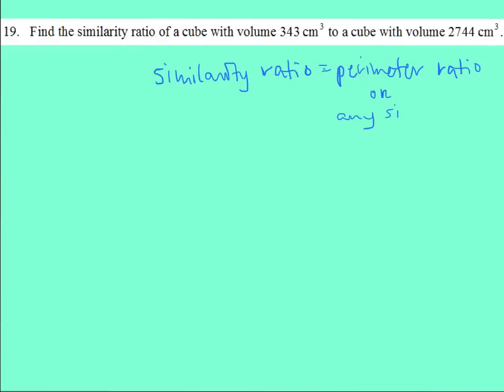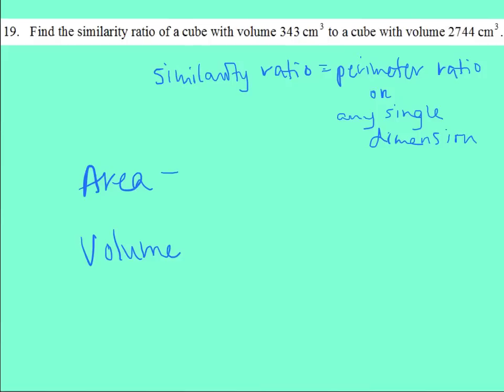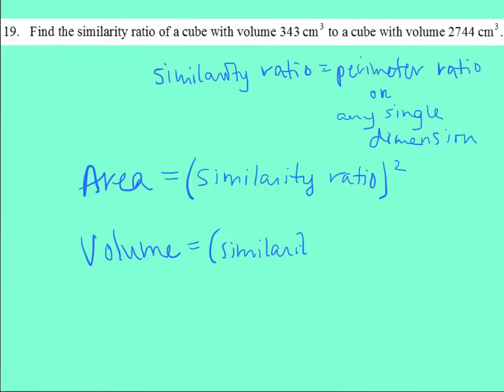But then once we get to area and volume, area is my similarity ratio, or my scale factor, it's another word for it, squared. And volume is my similarity ratio cubed. So if they give me my volume, I have 343 over 2,744. That's my volume ratio.